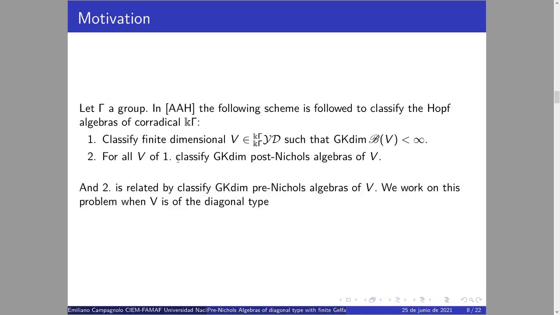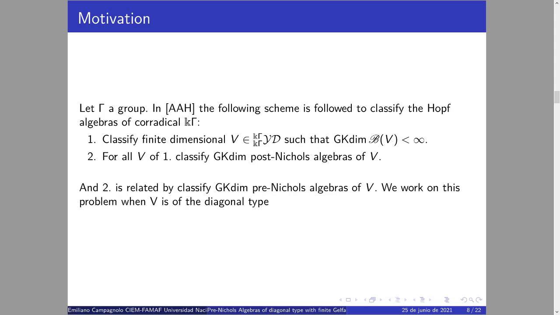Okay, this is the motivation for our problem. Let gamma be a group, in work by Angiono, Andruskiewitsch, and Heckenberger. The following scheme is followed to classify the Hopf algebras of coradical gamma. First, classify finite-dimensional Yetter-Drinfeld modules such that the Gelfand-Kirillov dimension of the Nichols algebra is finite.